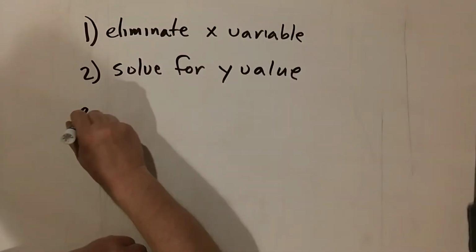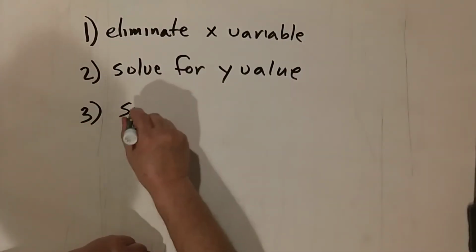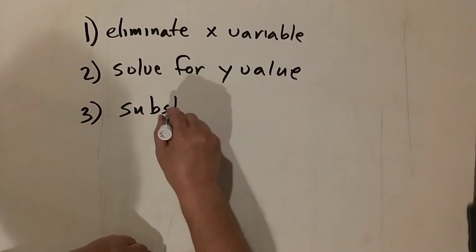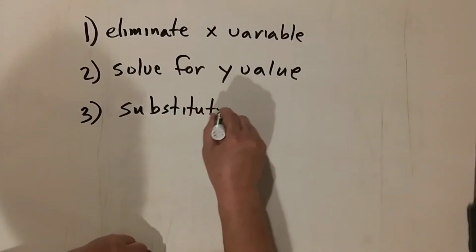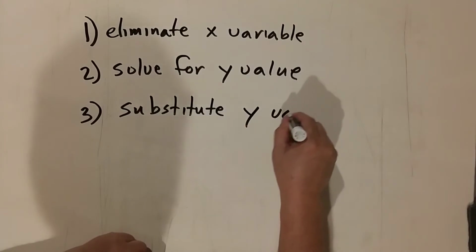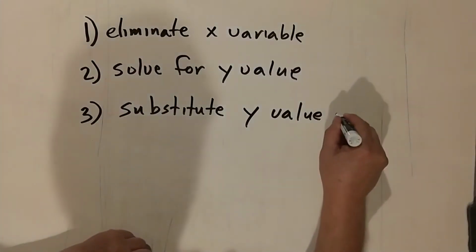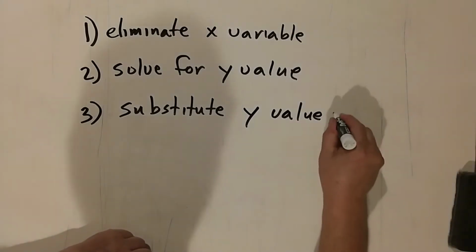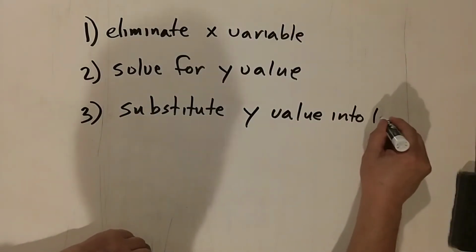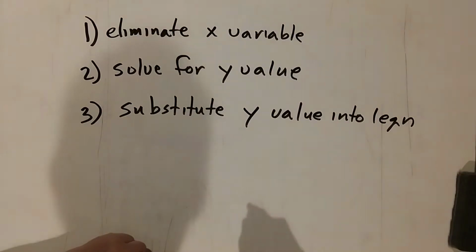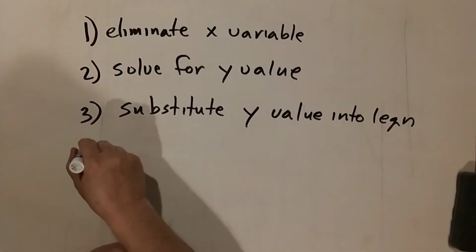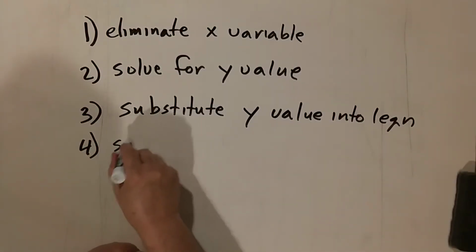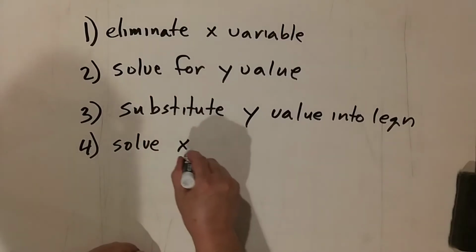Then number 3, I will substitute the y value into one equation. It doesn't matter which one that we started with. And then number 4, I will solve for the x value.